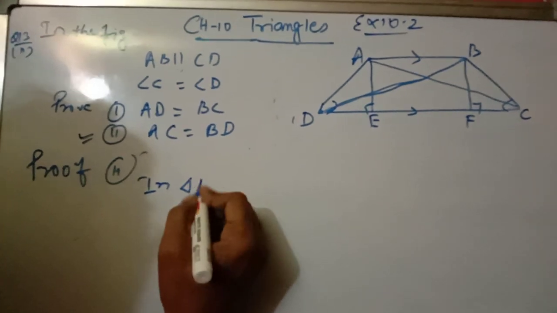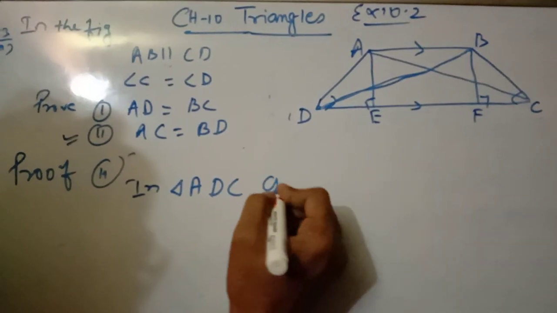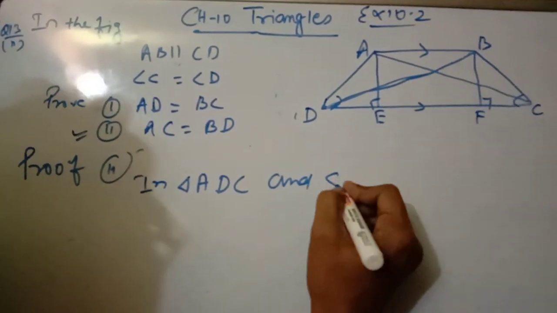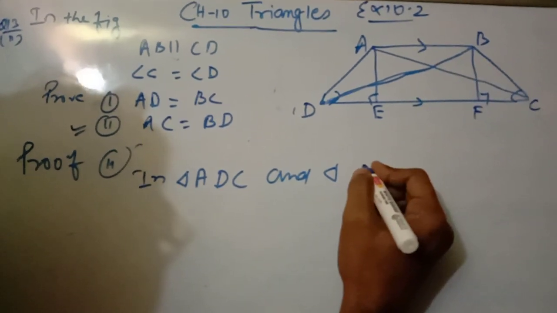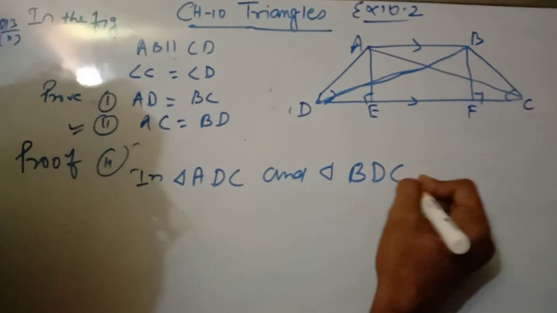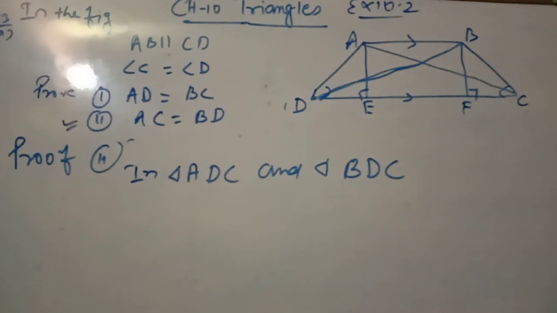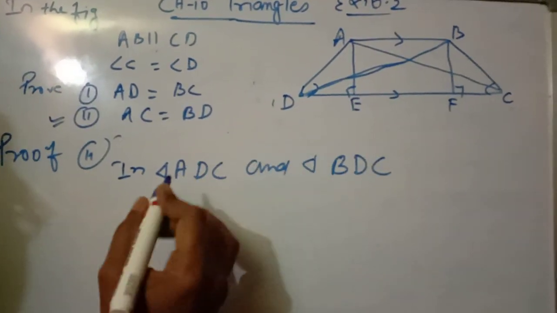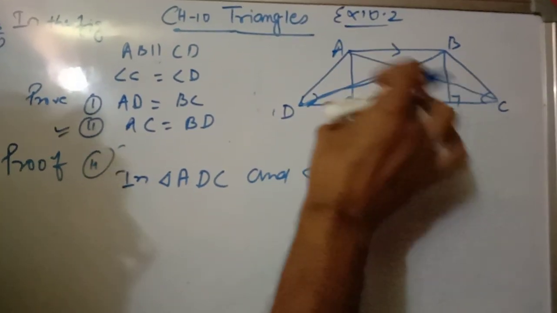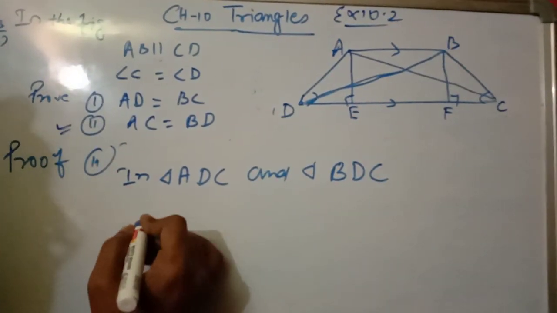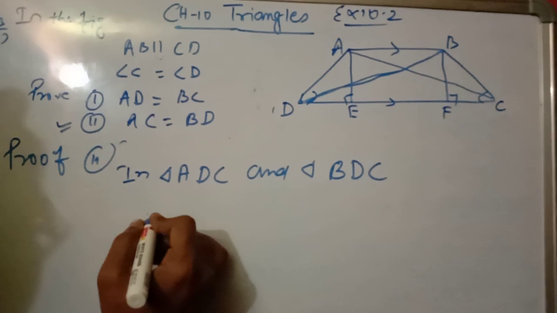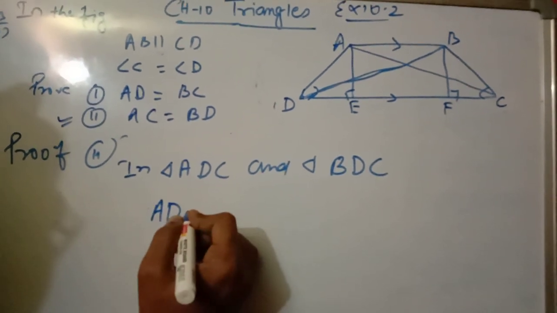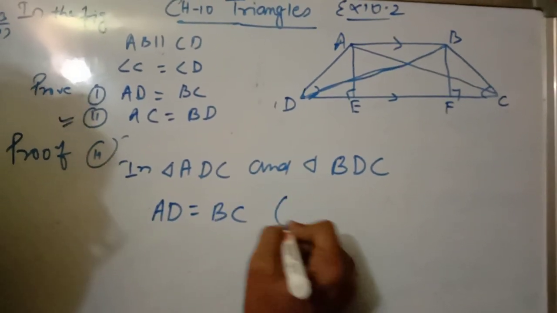In triangle ADC and triangle BDC, here we have already proved side AD equal to BC.